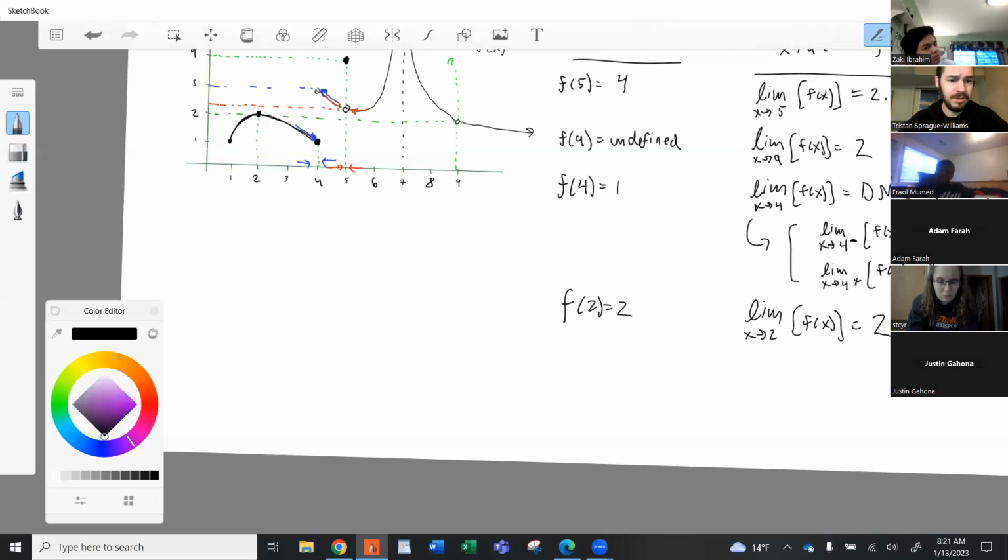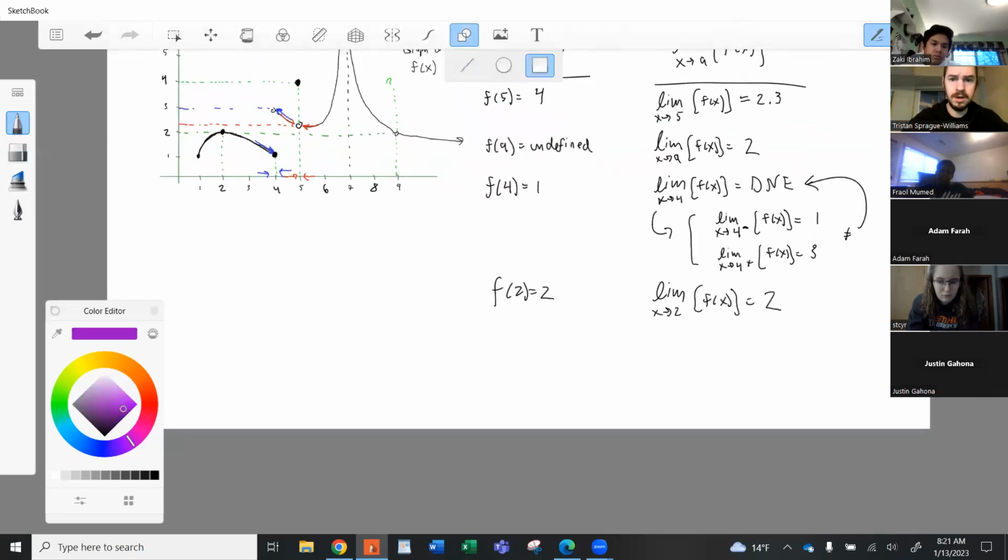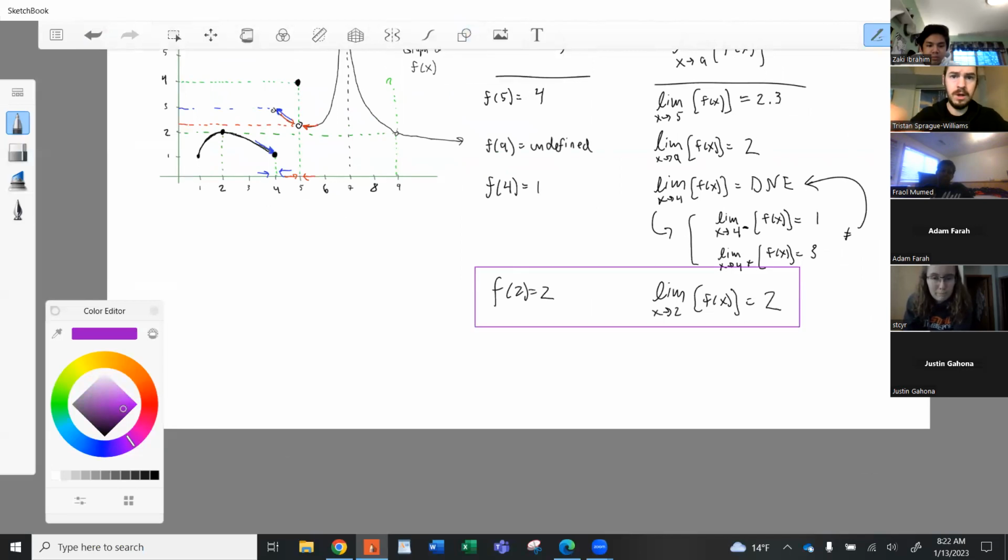So I want to highlight this situation right here in particular, because this is what we call continuous. f of x is continuous at x equals 2.